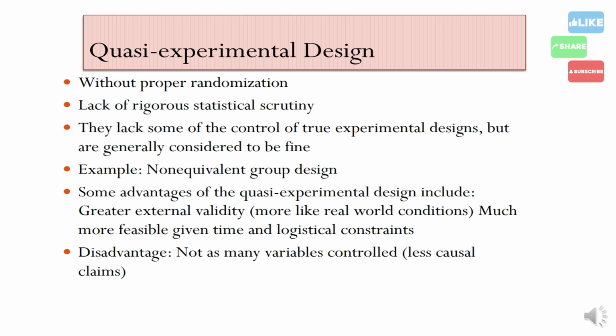Some advantages of the quasi-experimental design include greater external validity, like more reliable or more related to real world conditions, and much more feasible given time and logistical constraints. On the other hand, we have disadvantages like not as much variable control and weaker causal claims.